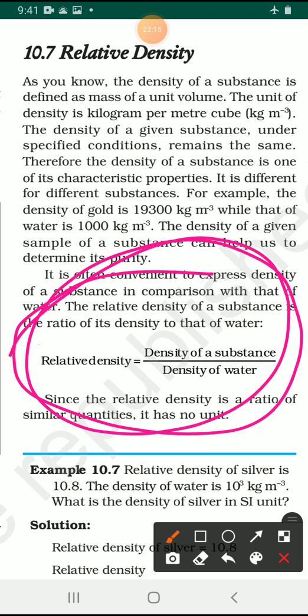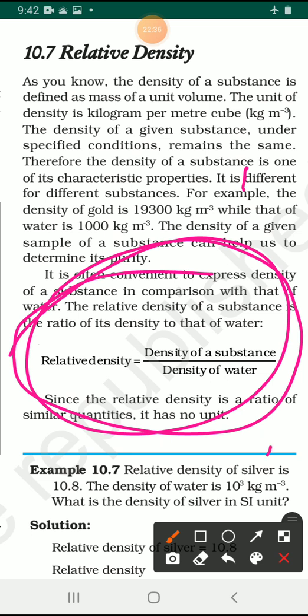So for our convenience, children, we take the density of a substance and relate it with the density of water. And just now we have discussed that the density of water is nothing but 1000 kilogram per meter cube, kg m raised to minus 3, right?